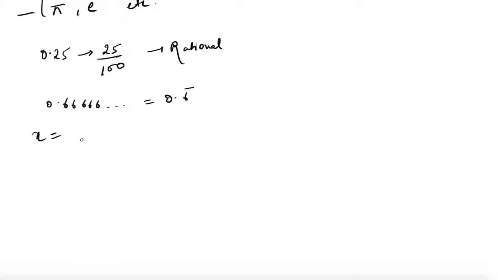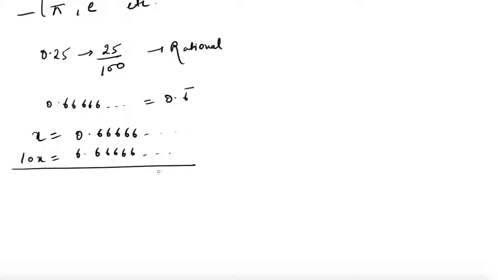Let x be equal to 0.66666, right? Then I can say 10x is equal to 6.66666, like this. Subtract both the equations, so 10x minus x gives 9x equals 6. Therefore x is equal to 6 by 9, or 2 by 3. Okay, in the form of p by q, both are integers and q is not equal to 0, hence 0.6 bar is a rational number.